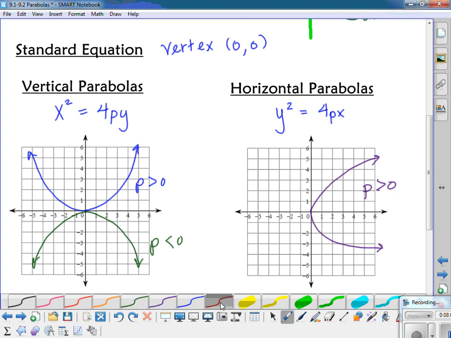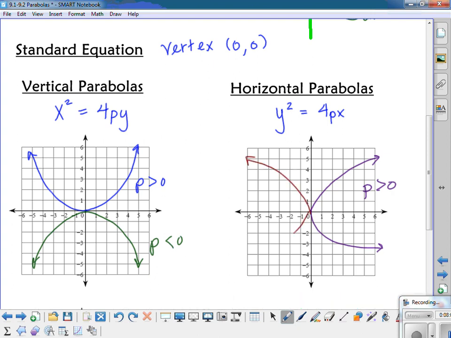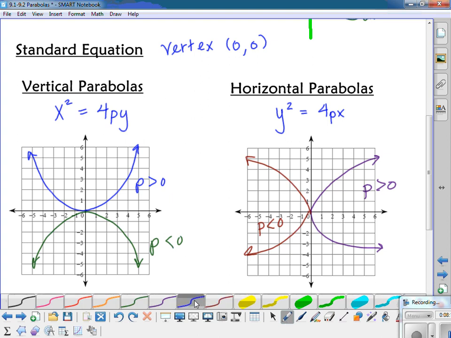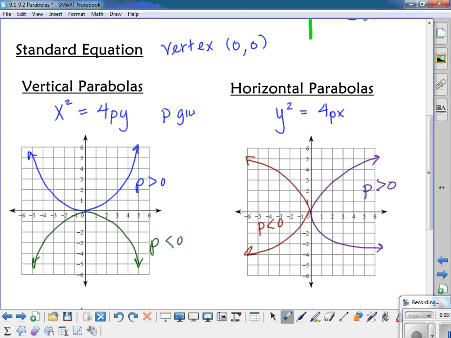But if it's negative, it's going in the negative x direction or to the left. So p gives you the distance and the direction that you're going to get to the focus. And the focus is always inside the parabola.